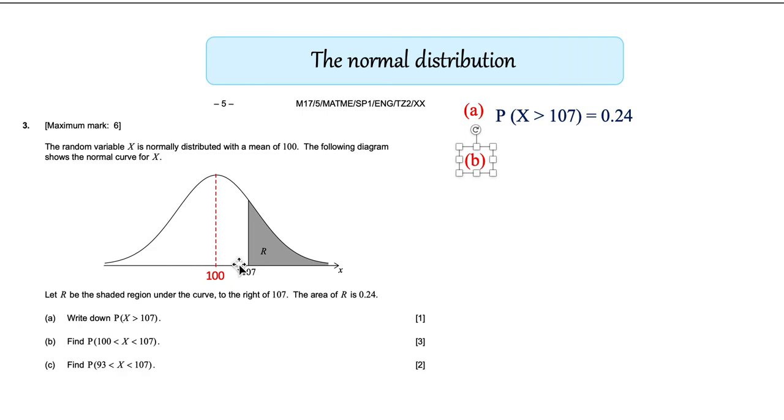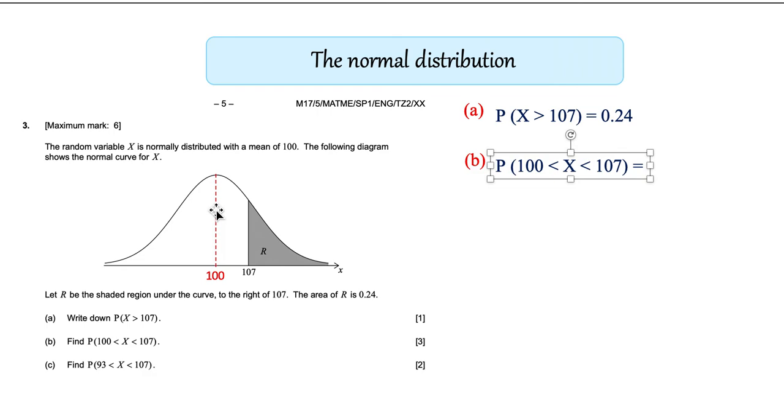So what do we know about this curve that will help us to solve it? Remember that I told you that the curve is completely symmetrical about the mean, which means that this side is equal to this side. And I also told you that the total area under this curve will always be 100%, or 1 in terms of decimals.